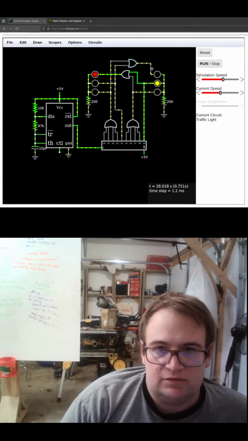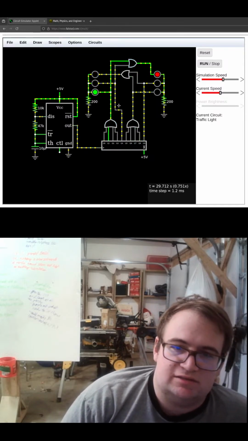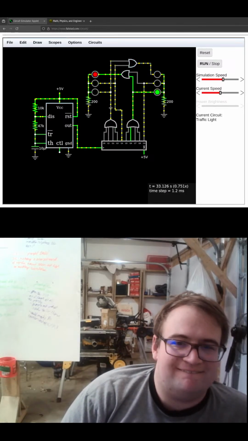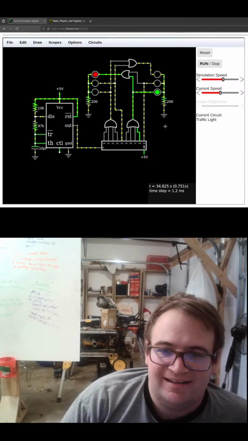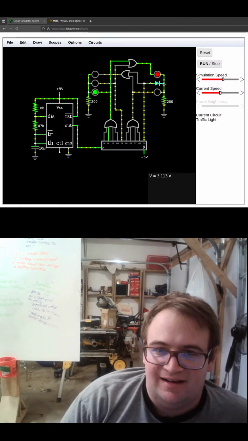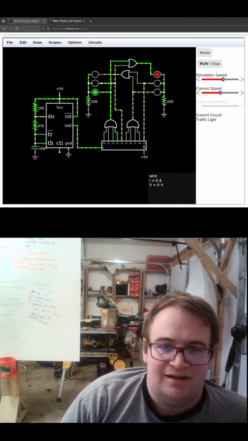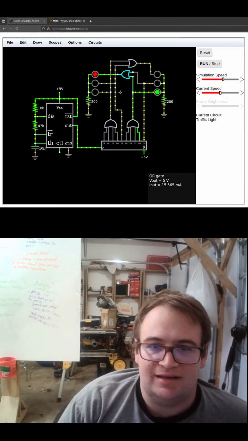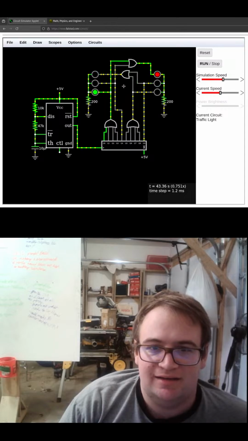That's at 0 volts. Okay, so it hits the yellow there. Oh, and then this hits yellow here too. I think I see. Okay, let me watch again.